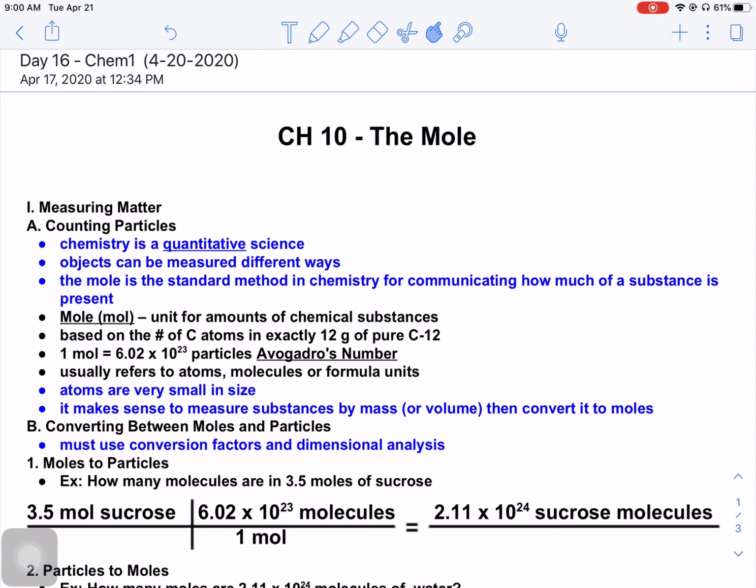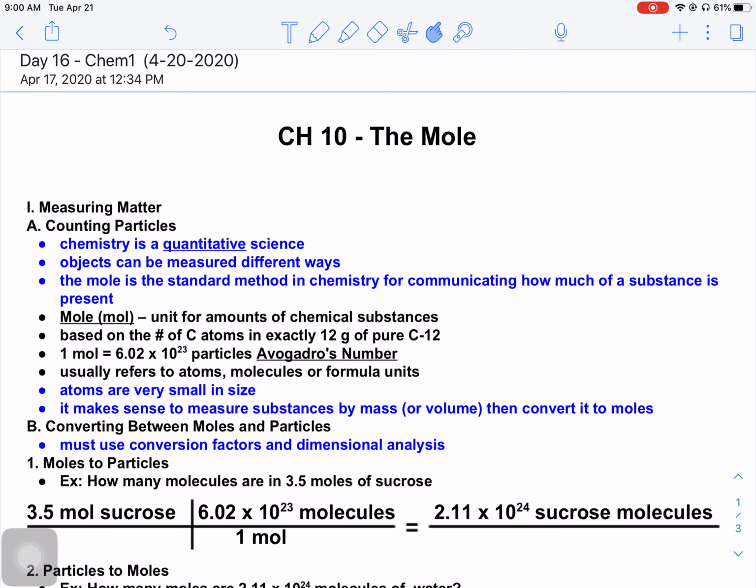All right, now a mole is a measurement, but a mole is also a unit, and we can abbreviate mole, MOL. And a mole is really based on the number of atoms in 12 grams of pure carbon-12. And we know that carbon-12 is an isotope of carbon having 6 protons and 6 neutrons.